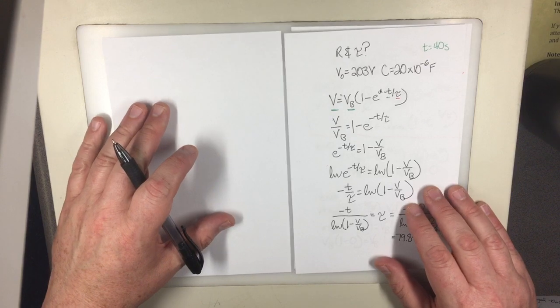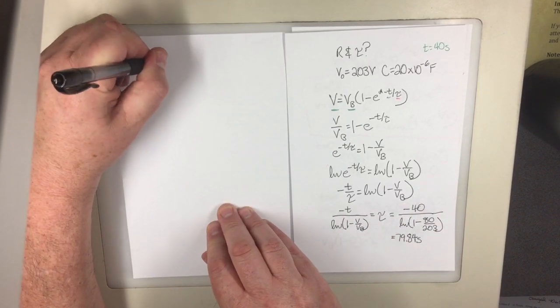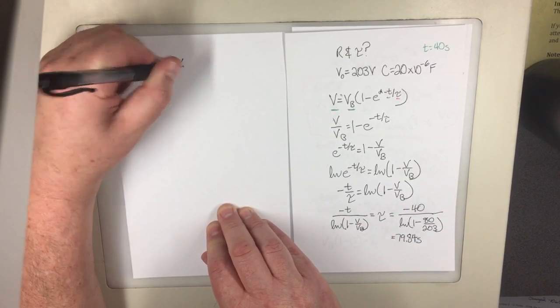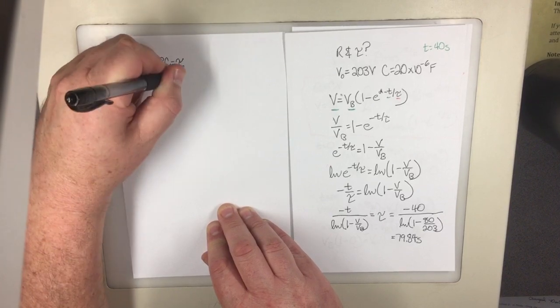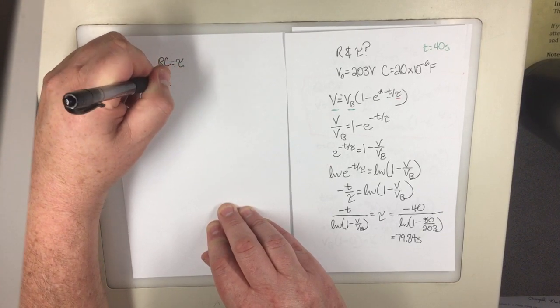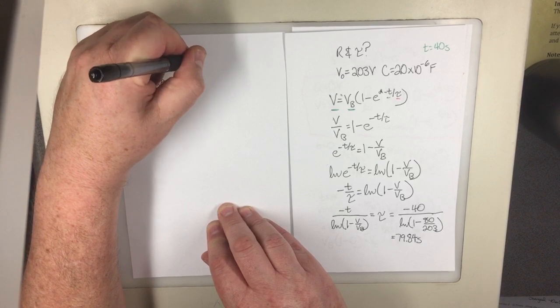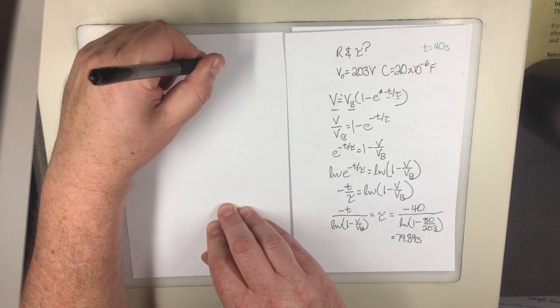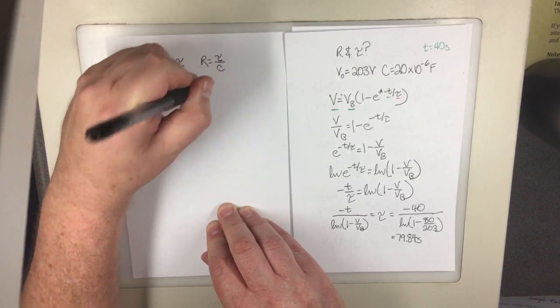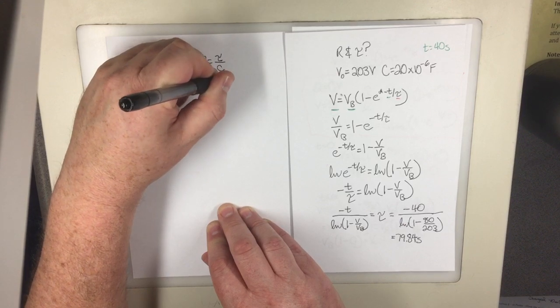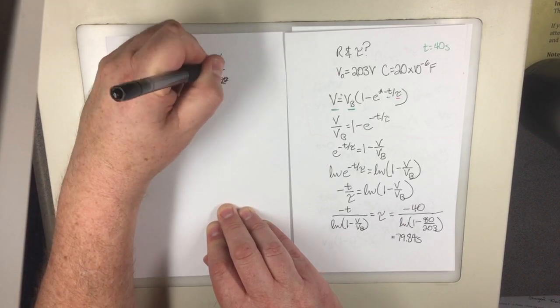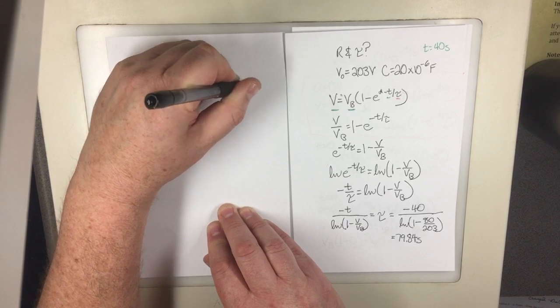The next thing to do is to determine R, and RC is equal to tau. So tau is, no, I'm not looking for that, I got that. R is tau divided by C. Actually, what I was really going for, tau I was going to set as 80.